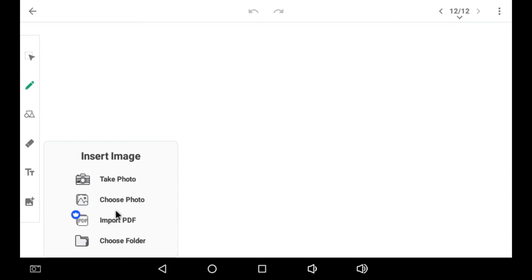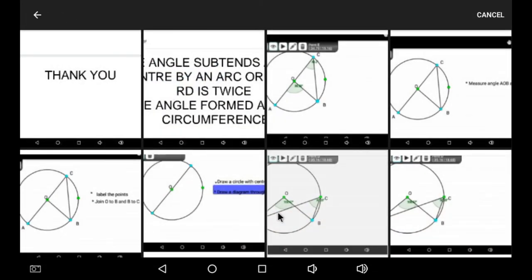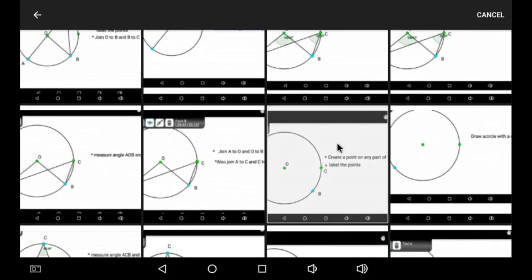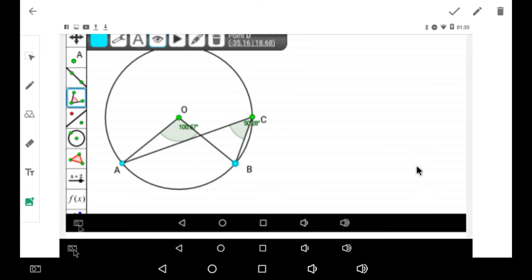Let's check your values after measuring. I had these values. Yours will be different because we are all using different radii to draw the circumference. Move to the next one.